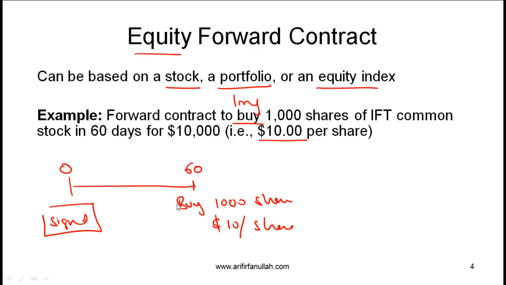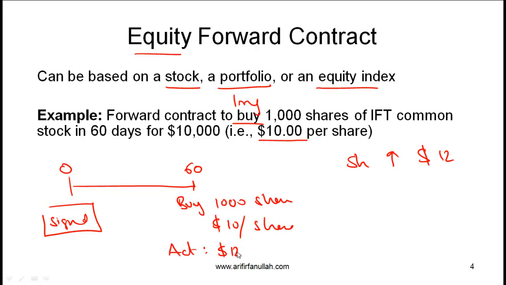Now what is in it for you? Since you got into this contract, you are long. Notice that if the actual share price goes up to $12, then you benefit. Why? Because let's say the actual price 60 days later is $12.